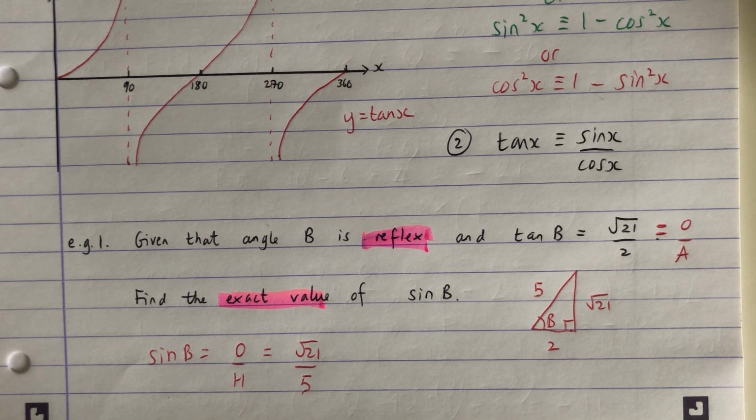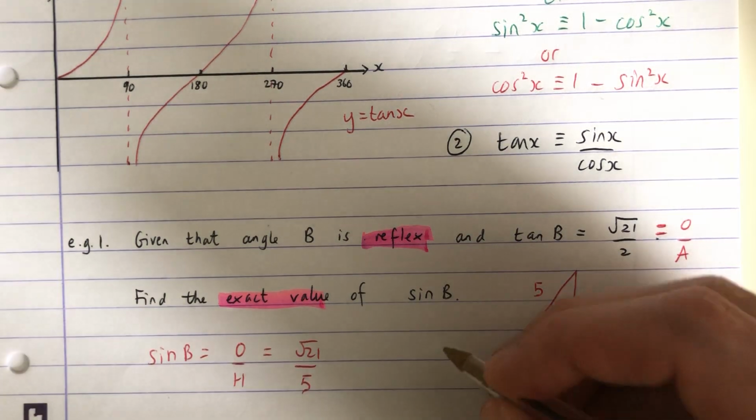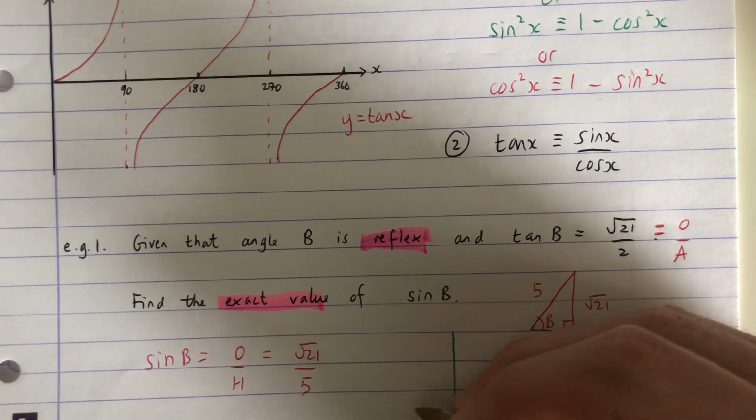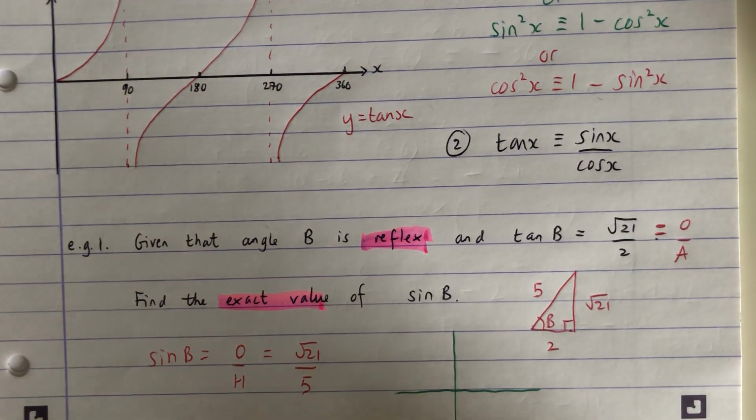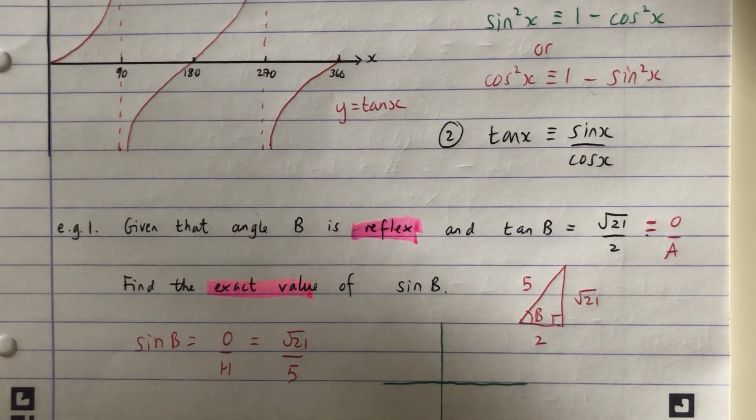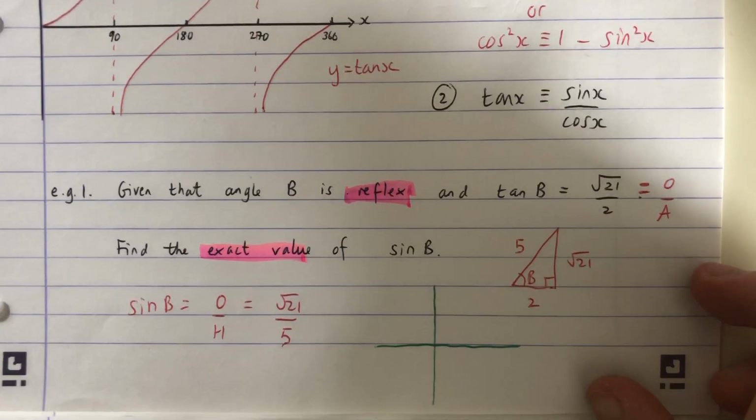Now, the problem with this is because the angle B in this case is a reflex angle, you don't know whether this is a positive root 21 over 5 or a negative root 21 over 5. And the only way to decide is to think about that CAST diagram and whether sine is positive or negative in that particular quadrant.